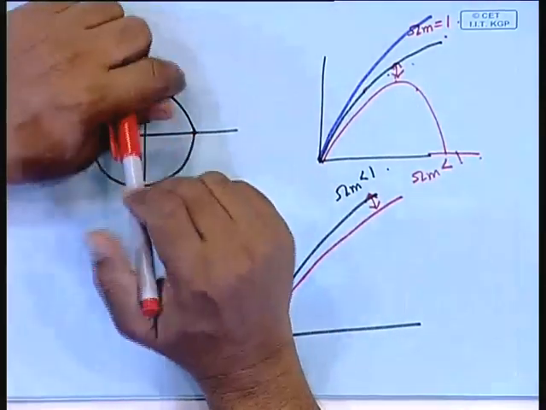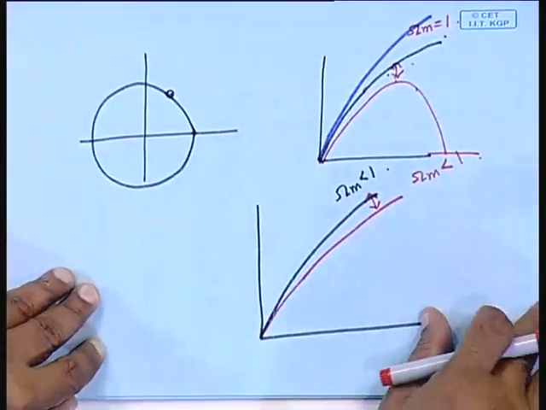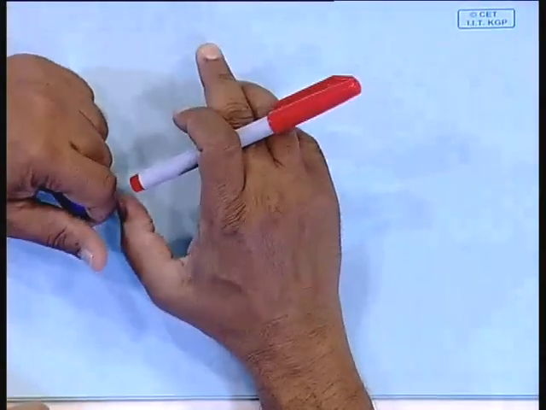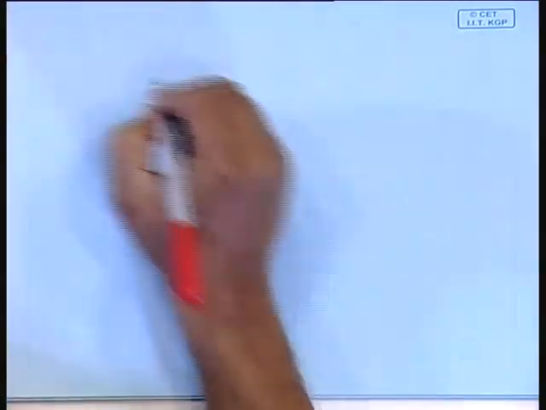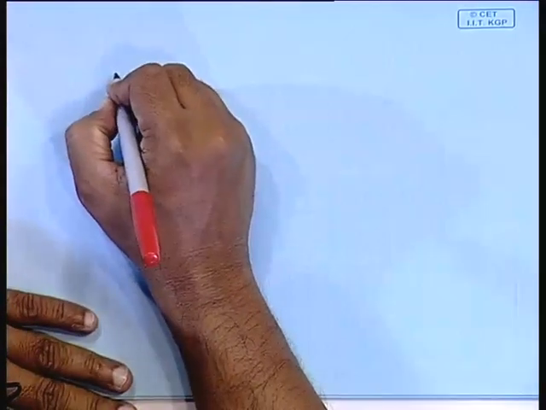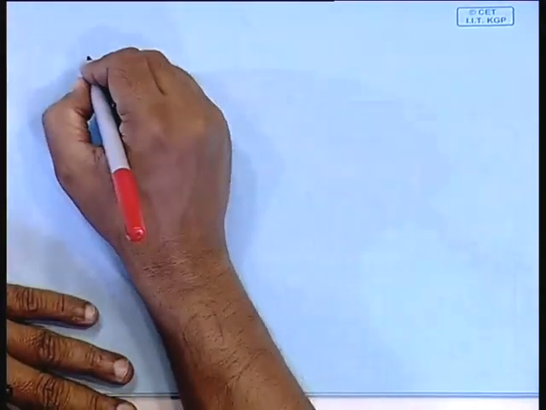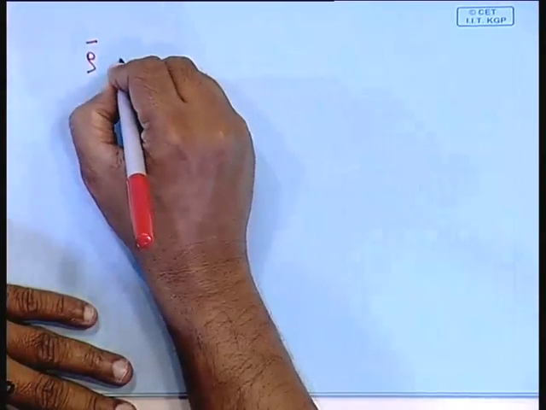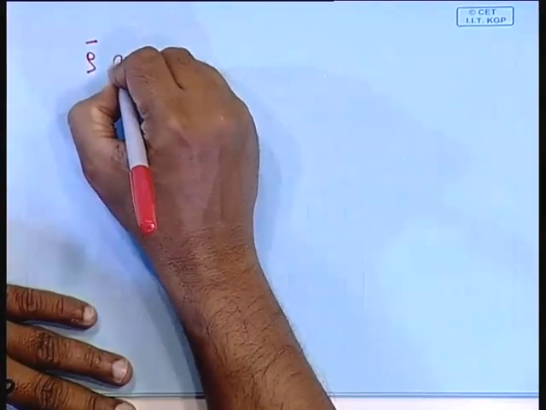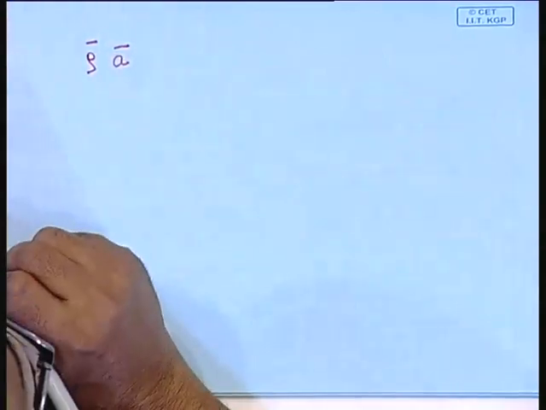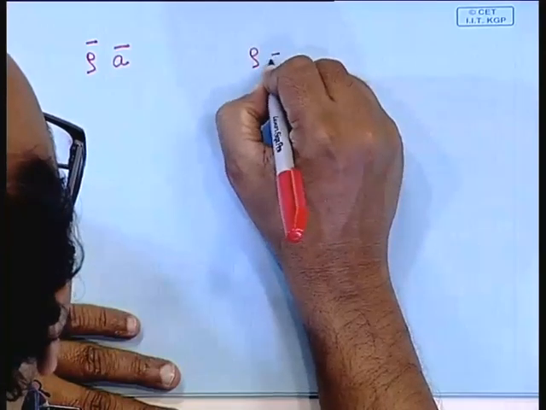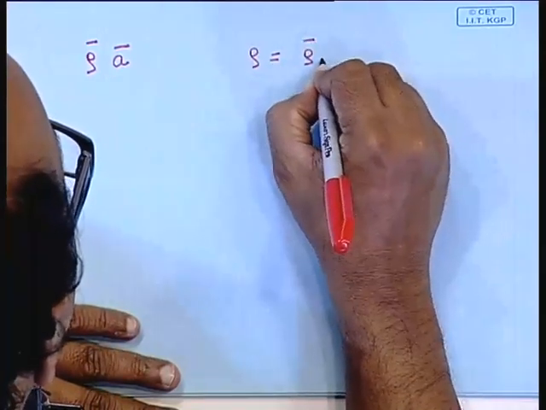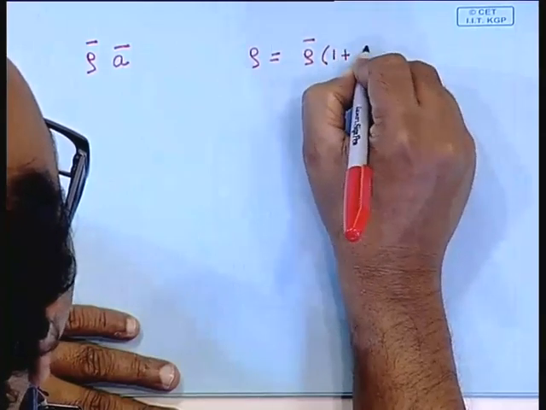Now let me first quantify and prove to you that what I am saying is correct. We consider a background cosmological model, with rho bar and A bar. This is my background cosmological model. Let me now consider another, slightly different cosmological model where rho is equal to rho bar into 1 plus epsilon.